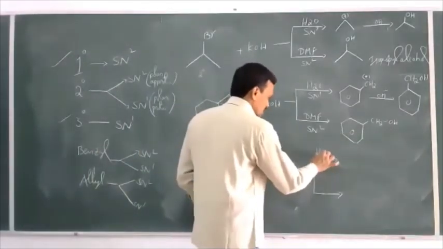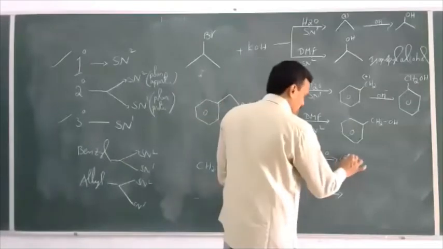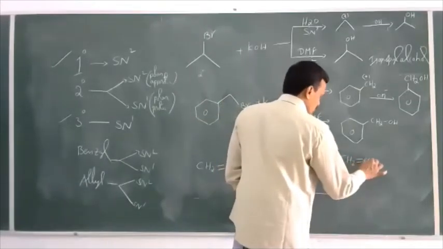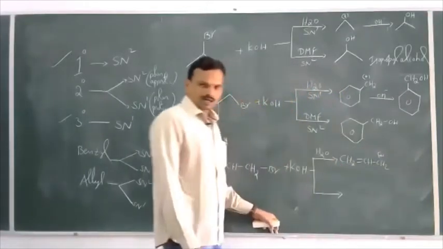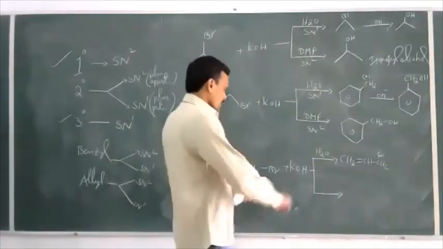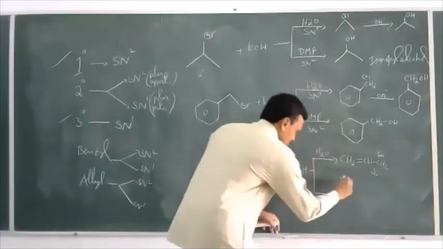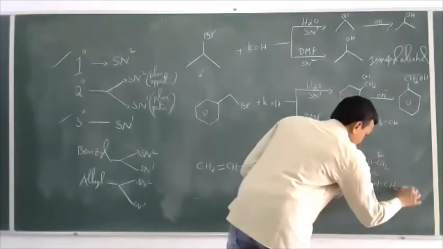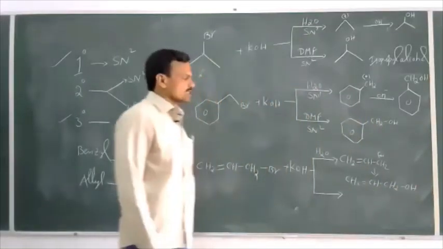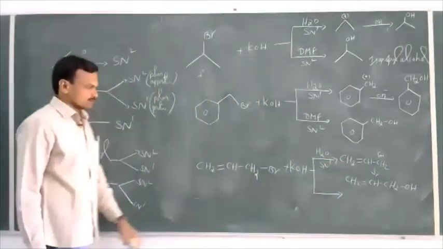If you take water, first this undergoes ionization to give allyl carbocation, CH2 double bond CH single bond CH2 plus, and then this allyl carbocation is attacked by OH minus, and we get CH2 double bond CH single bond CH2OH. Allyl alcohol is formed. This reaction takes place by SN1 mechanism.